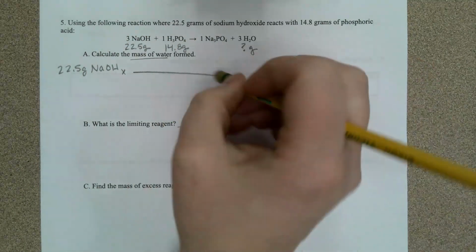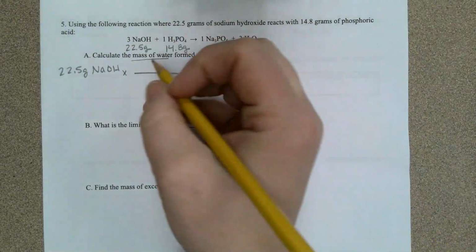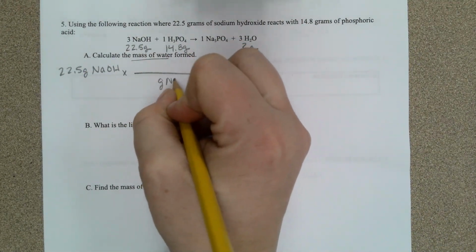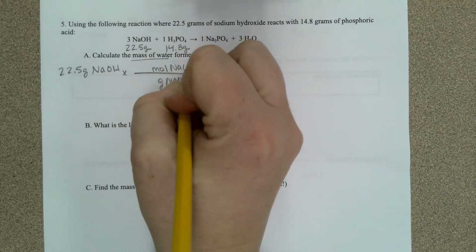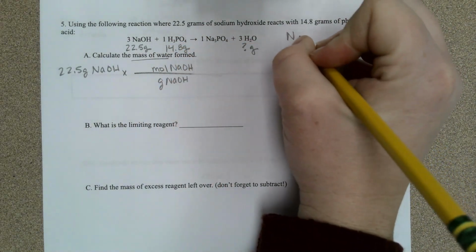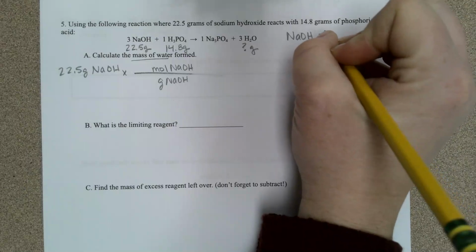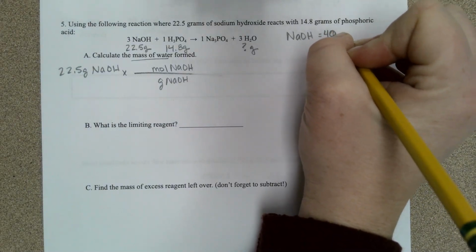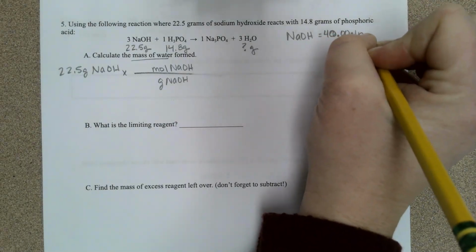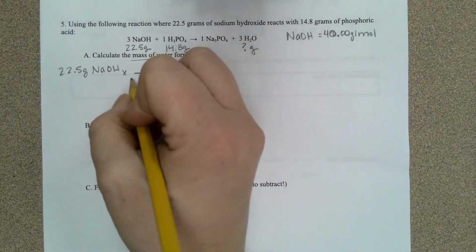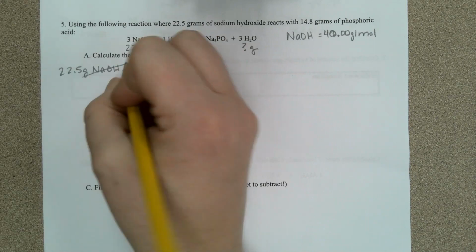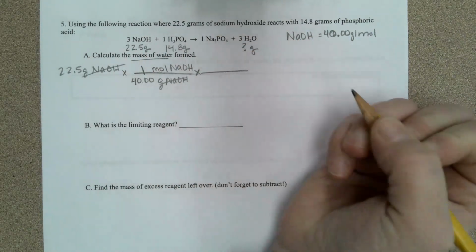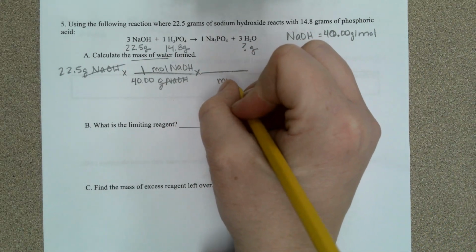So in our first conversion factor, we're going to go from grams of sodium hydroxide to moles of sodium hydroxide. And sodium hydroxide is 40 grams per mole. That is the molar mass of sodium hydroxide. Okay, second conversion factor, we're going to do mole ratio.